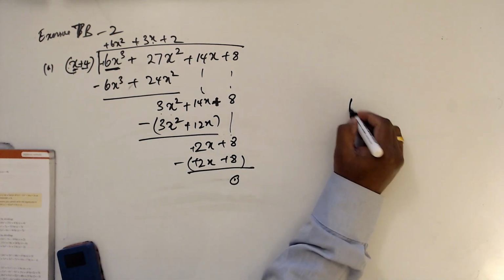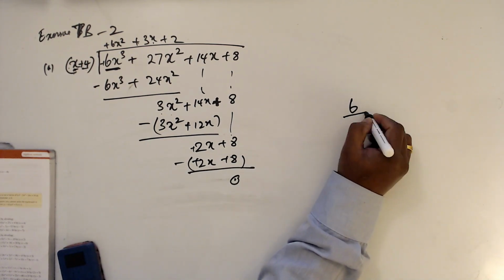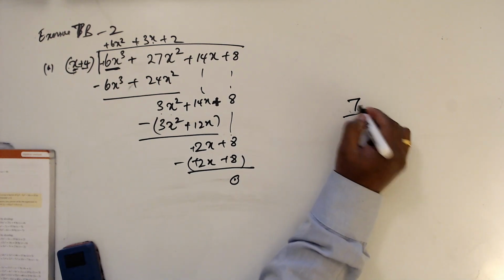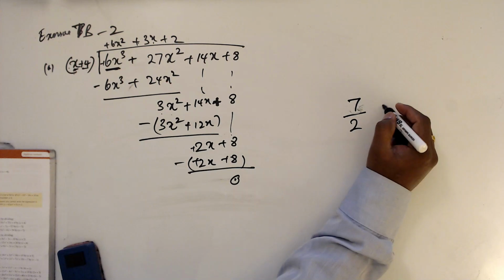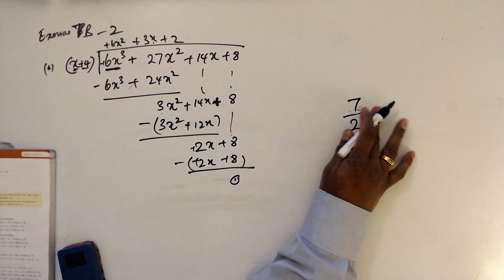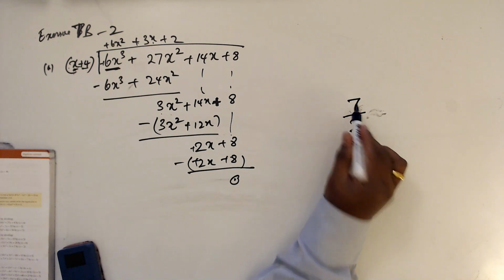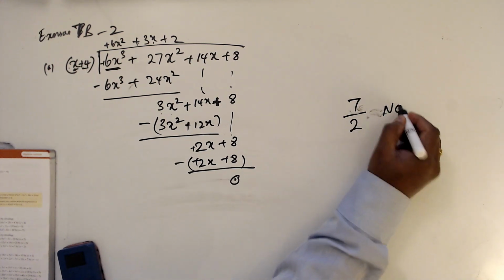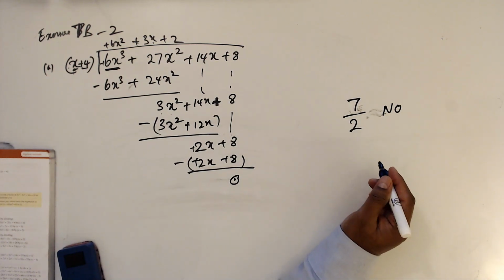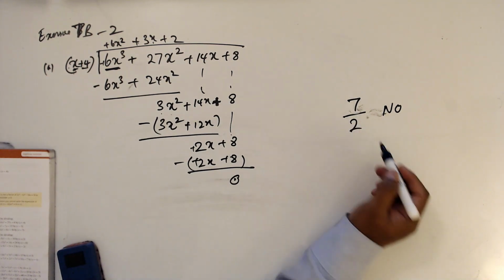Now 7 divided by 2, what is the answer? In general, is 2 a factor of 7? No. 2 is not a factor of 7 because you can't divide 7 by 2.